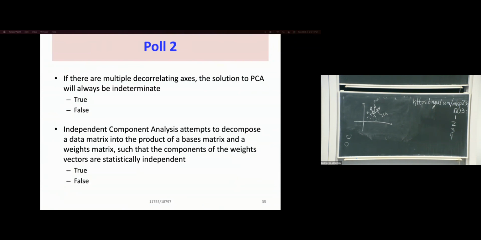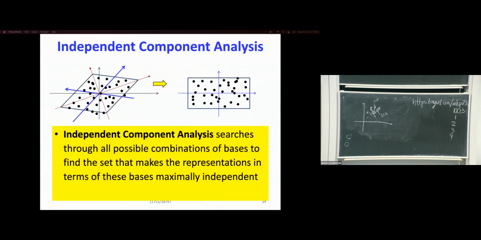You can just shout it out. False, yeah. And the second one? True, yeah. So just to recap, you can think of ICA like, I'm going to find the best one. There's red and blue here, but I'm going to find the best one that makes it maximally independent. That's how you think of ICA.